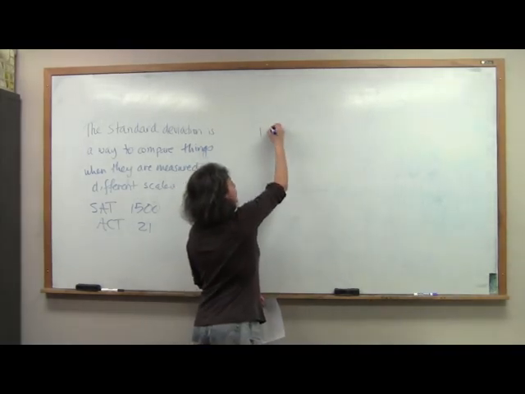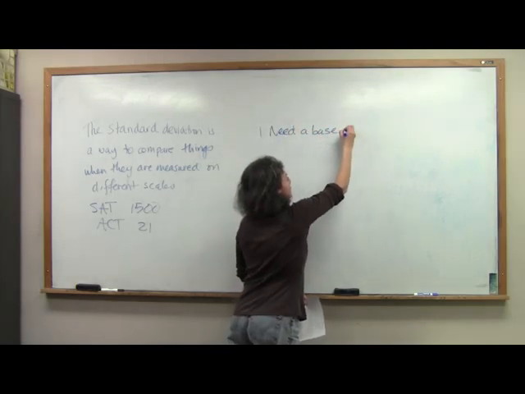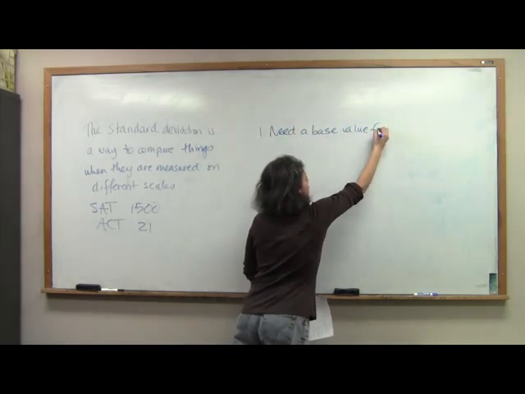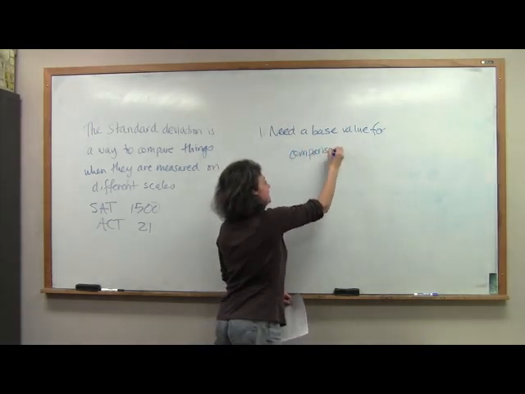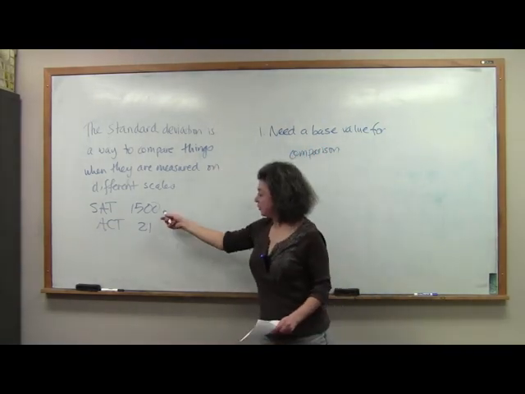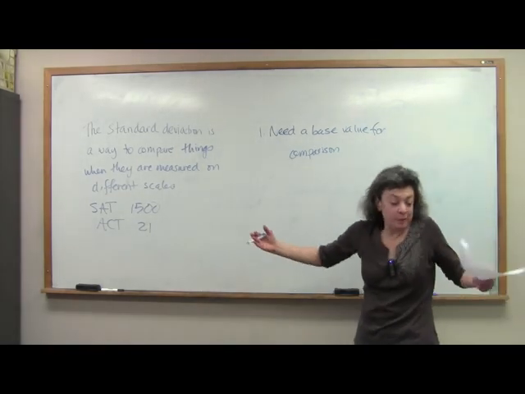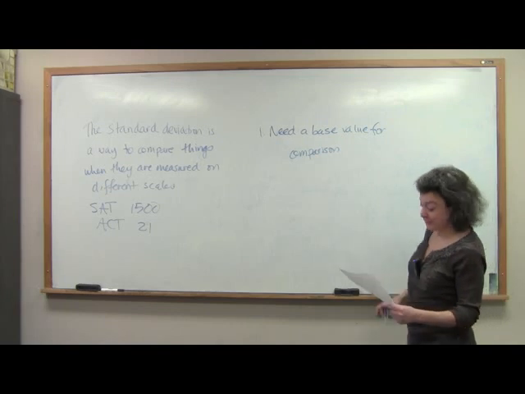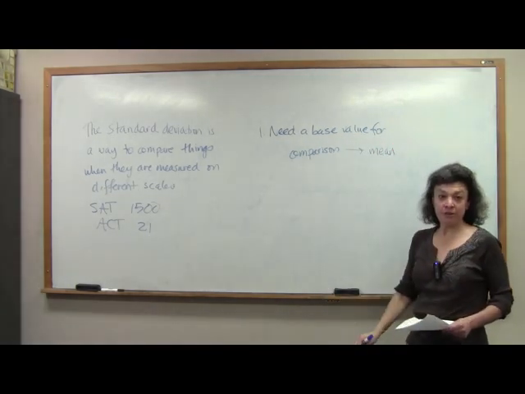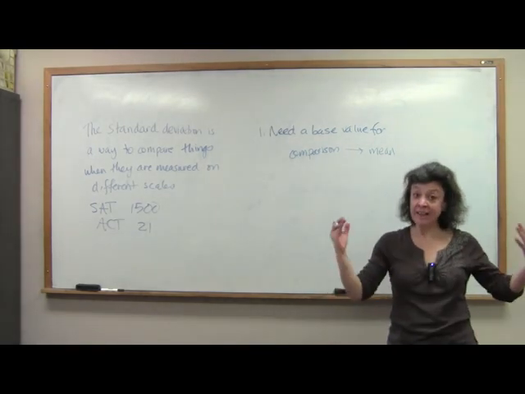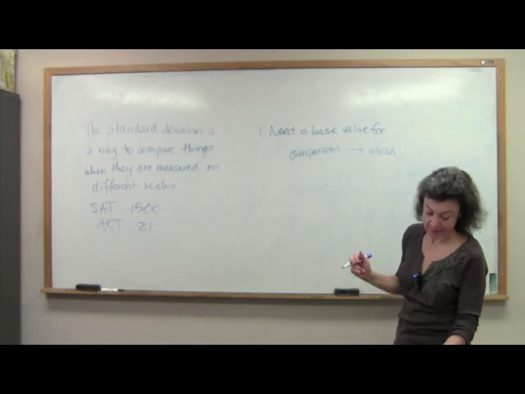Well, number one, you need a base value for comparison. In other words, okay, they got a score of 1500 on the SAT. Well, how did other people do? And we typically use our mean in that situation. But again, we've got to take into account how indicative is our mean.